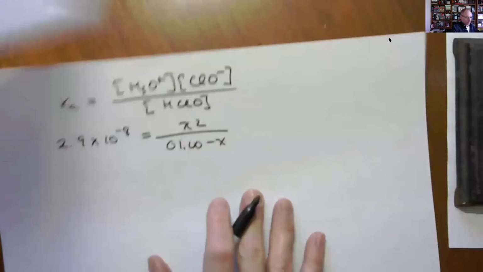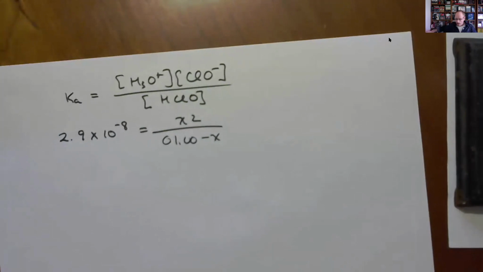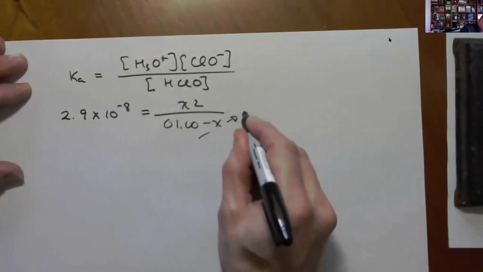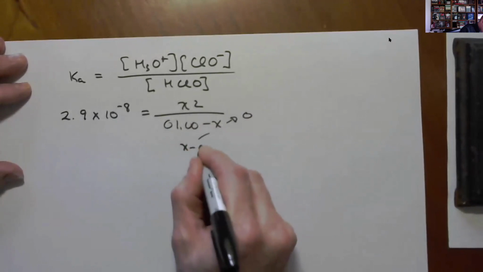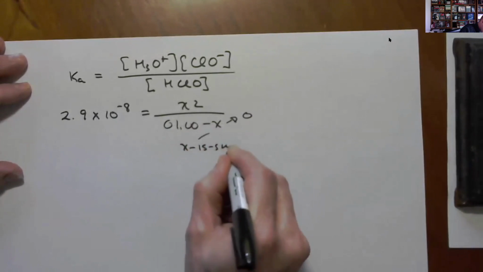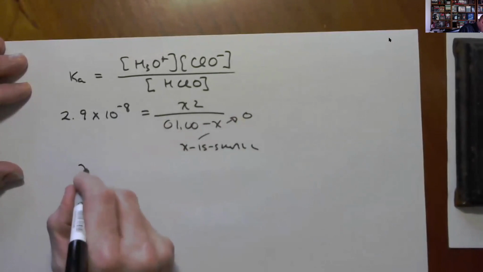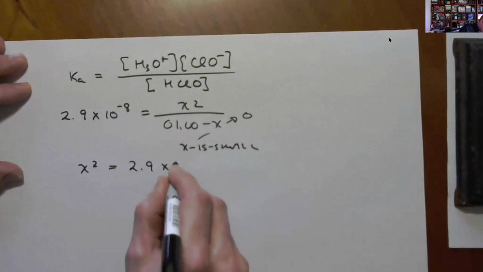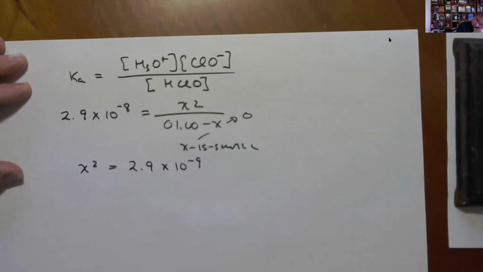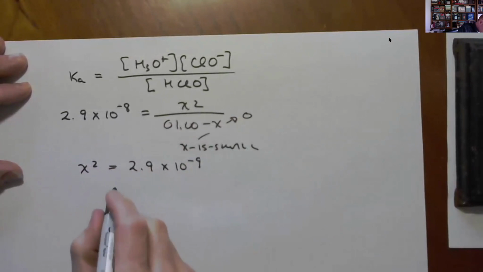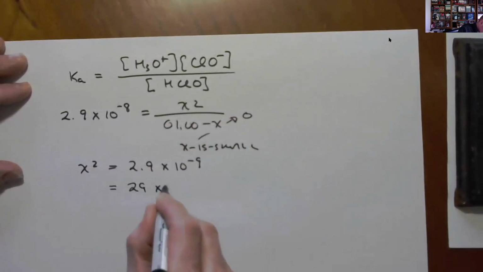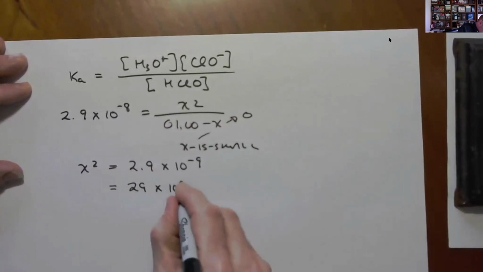So now, proceeding, x is small. We wind up solving for x squared is going to be equal to 2.9 times 10 to the minus 9, which is equal to 29 times 10 to the minus 10.